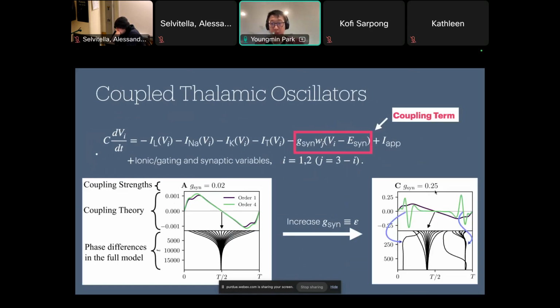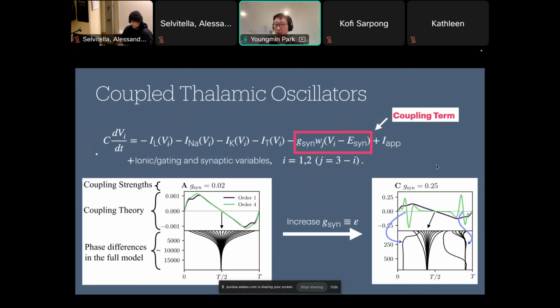And if we increase g_sin to 0.25, now we see these new stable phase lock states in the coupling theory, which don't show up in the classic weak coupling theory, and they do in fact correspond directly to these new phase lock states in the full phase difference dynamics.